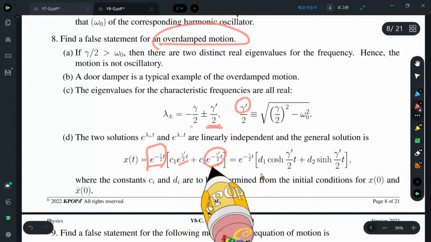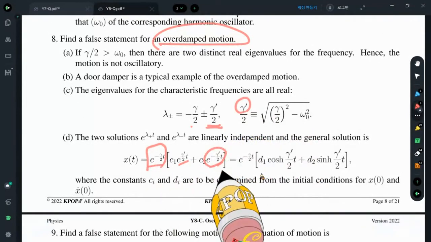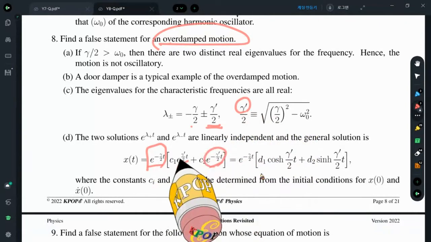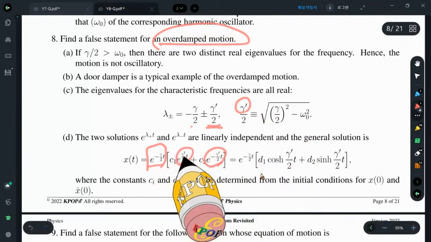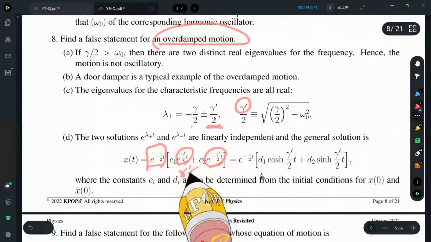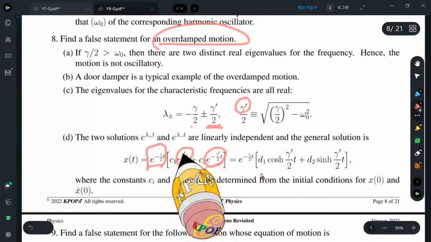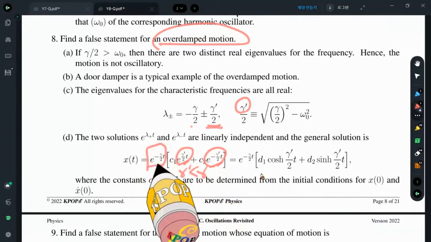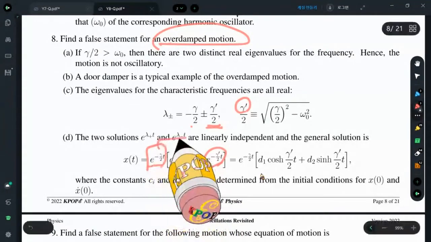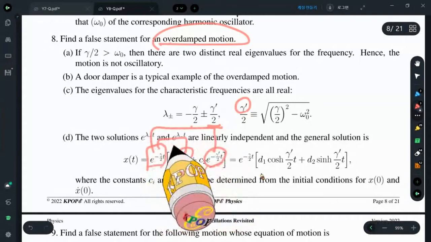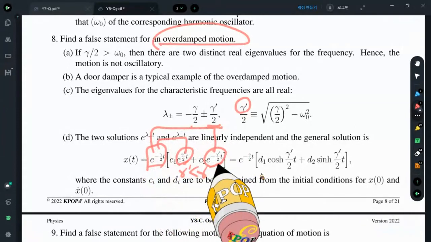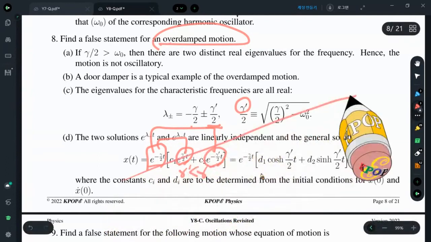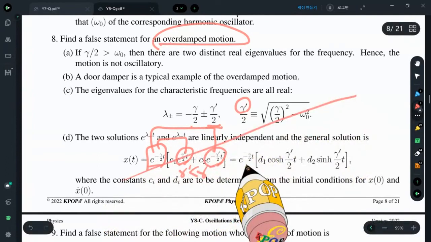Therefore, this one decays very fast. Because gamma prime is smaller than gamma, this one can never win the game with the other coefficient. Both of these terms are strictly decreasing functions. So as time goes by, this one is gone, absolutely.